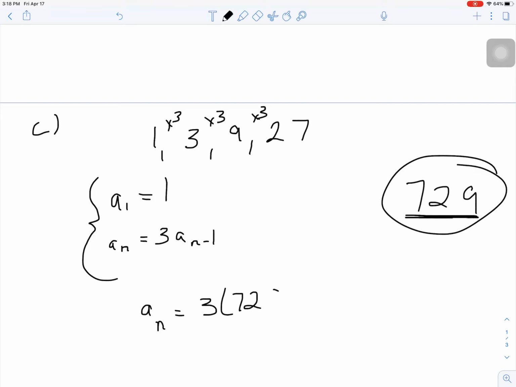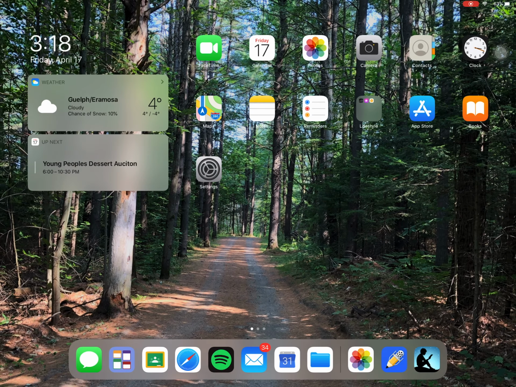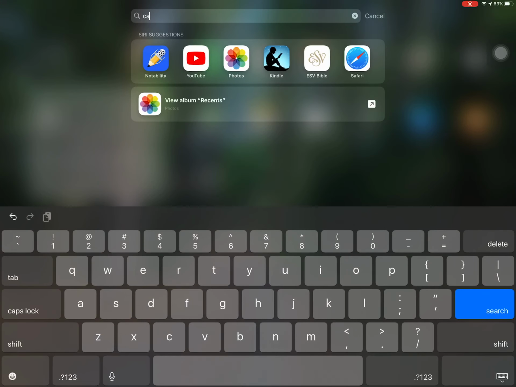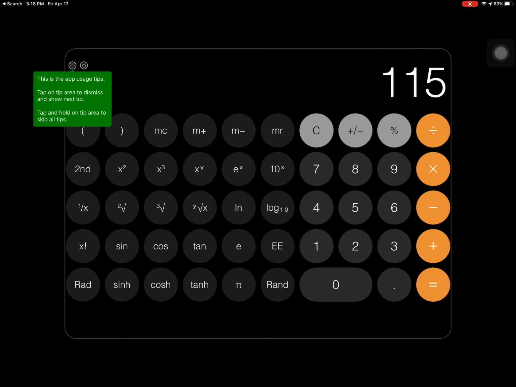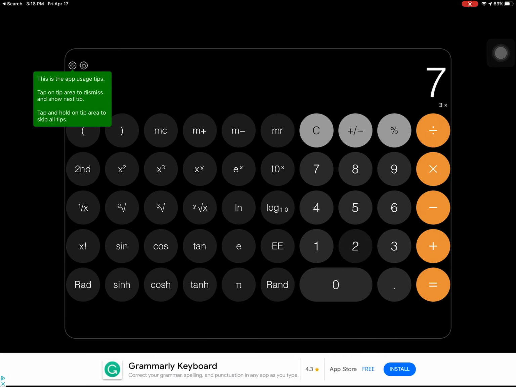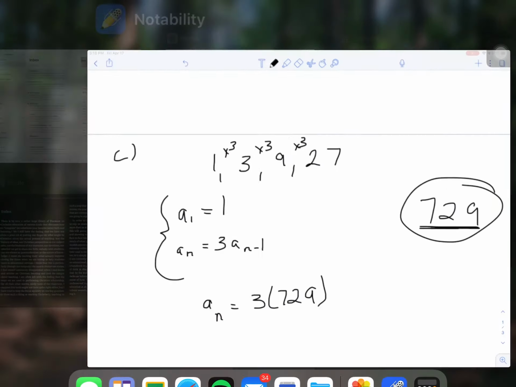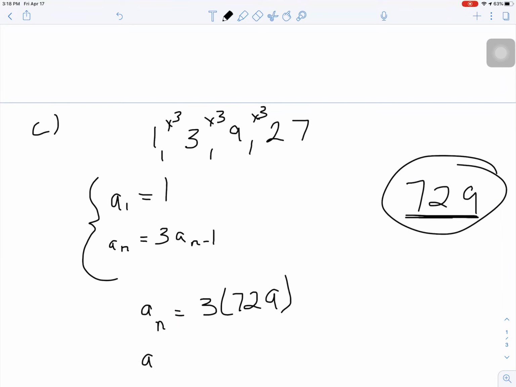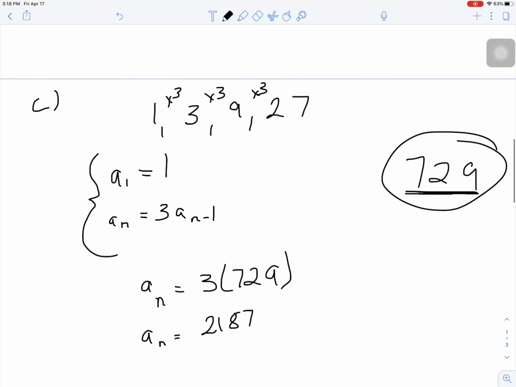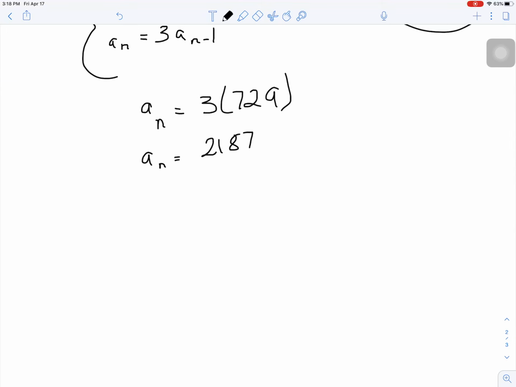A n equals 3 times 729. Of course, if we were to grab our calculator and do that, 3 times 729, and we get 2187. So our answer, A n equals 2187.